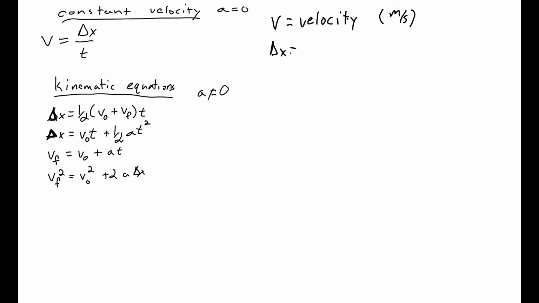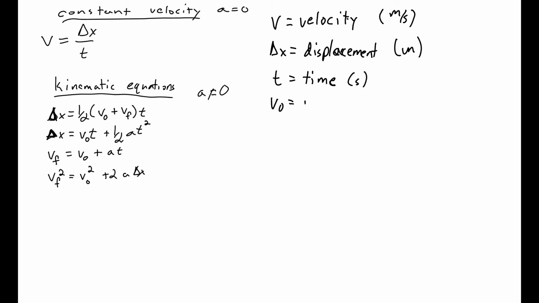Delta x is displacement, and you can also use that as distance, measured in meters. t is time, measured in seconds.